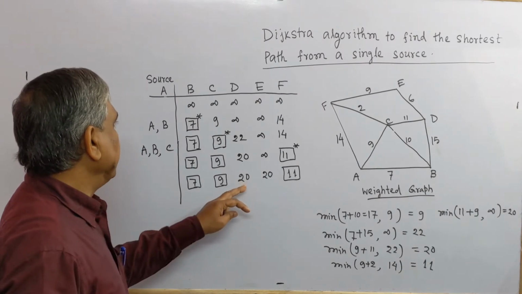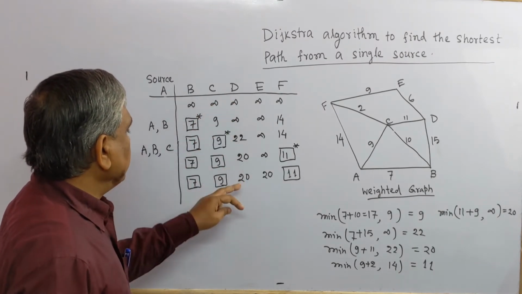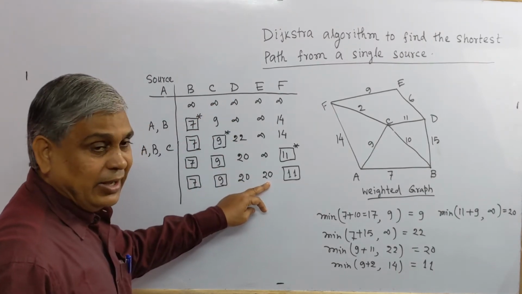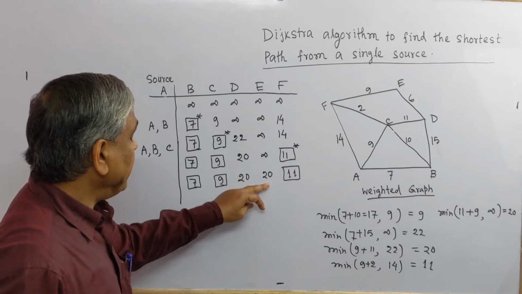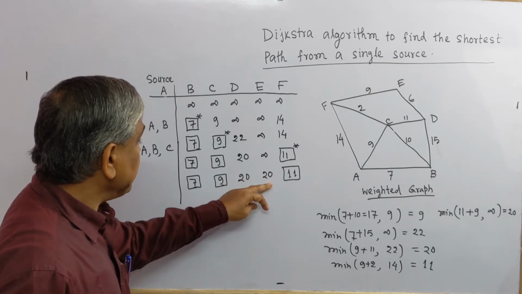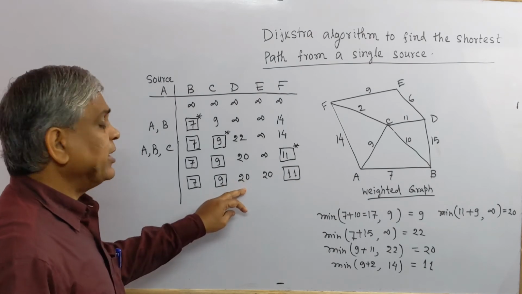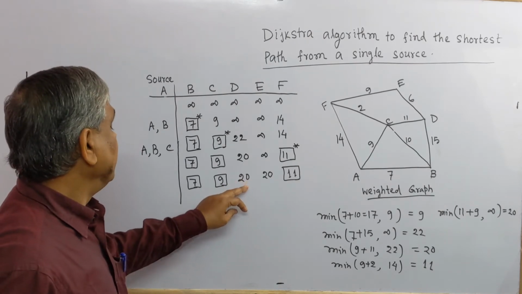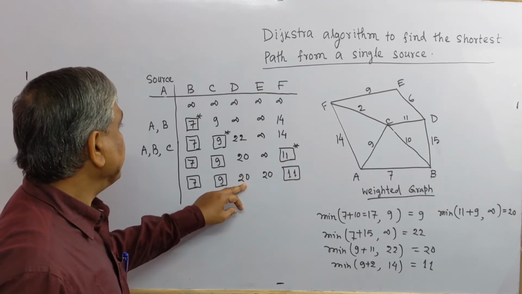Now we have 20 and 20. Both numbers are the same, so we may select any of them. Let us select this number 20.